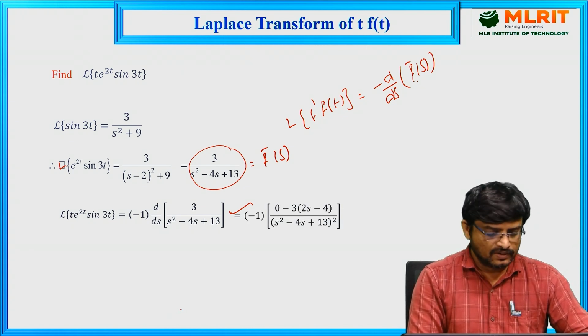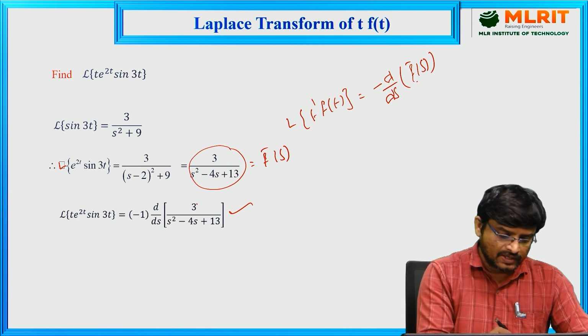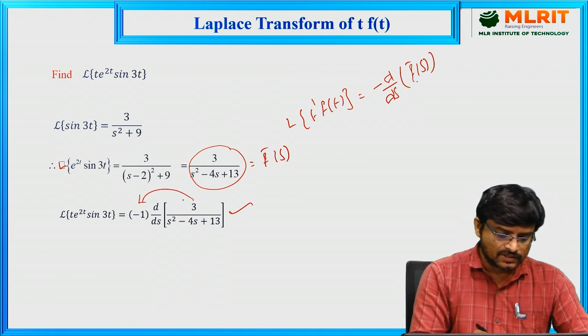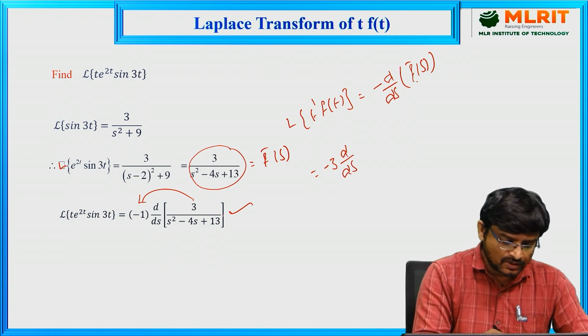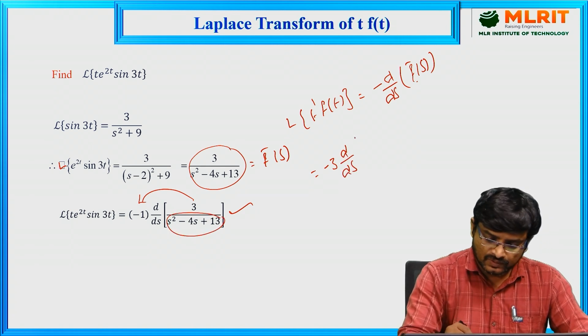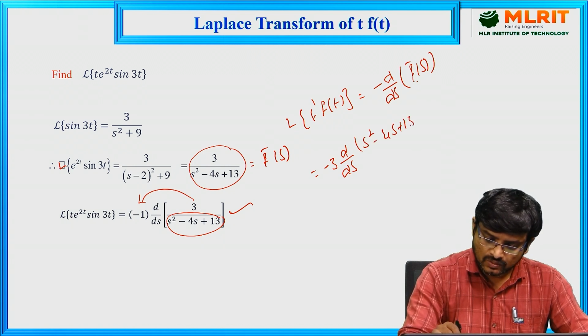So how can you find the derivative here? Take this minus sign and the constant 3 outside, so you get minus 3 into d by ds of, you bring the denominator to the numerator, s square minus 4s plus 13 whole to the power of minus 1. So this is equal to minus 3.